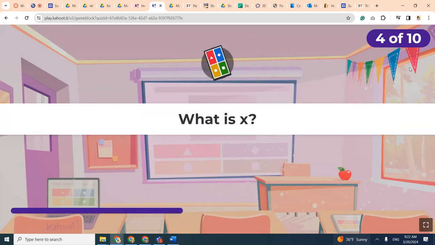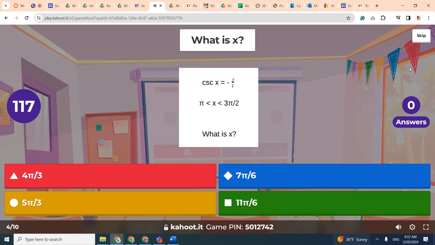Next. Again, what is x? Cosecant is negative 2 over 1. So if you see cosecant or secant, convert it to sine, cosine. And you want to find the angle in the quadrant between pi and 3 pi over 2.